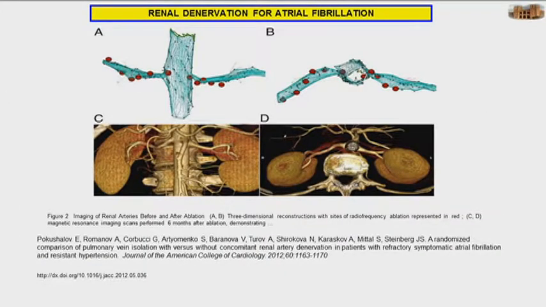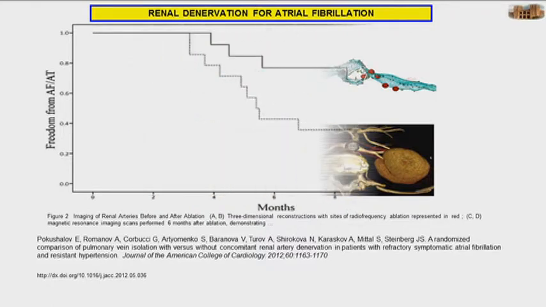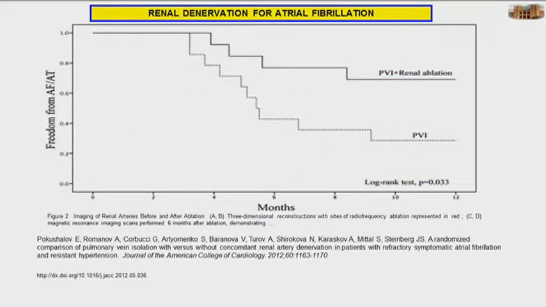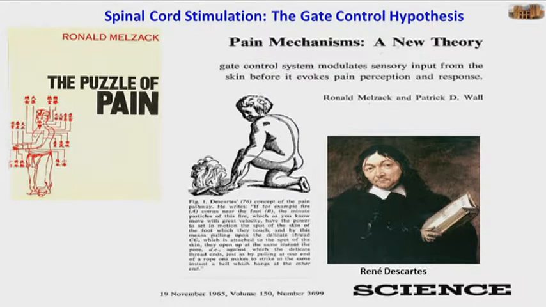Again, this comes from the group in Russia. Very preliminary studies where they've done renal denervation for AFib. And in a preliminary study, there are still ongoing studies, they showed that adding renal denervation to pulmonary vein isolation seemed to have a clinical benefit. Again, early studies, we have to see where this data falls in.